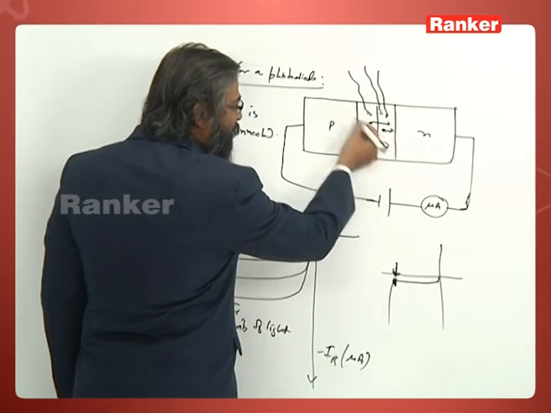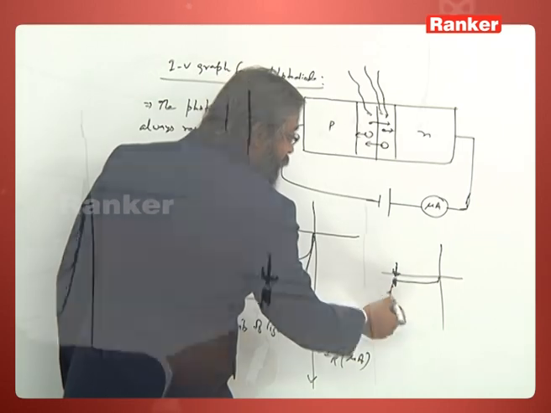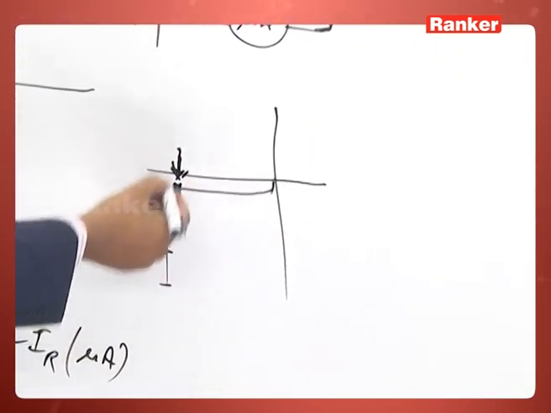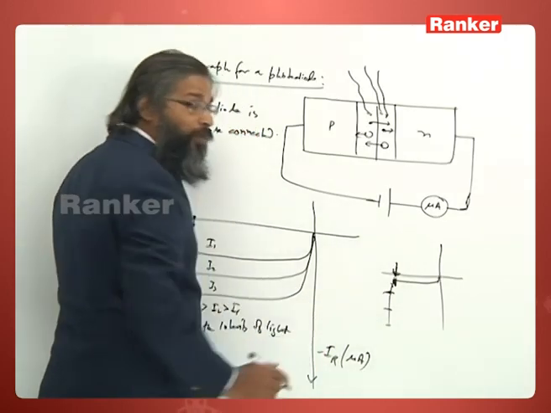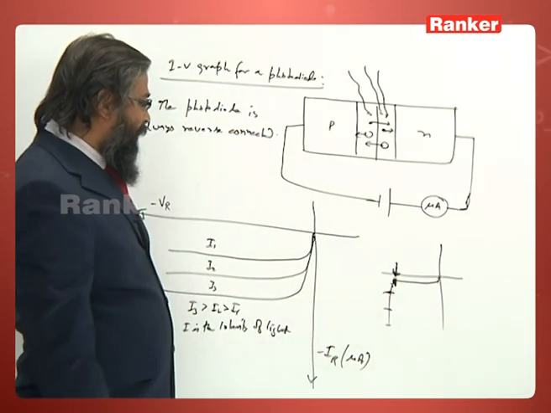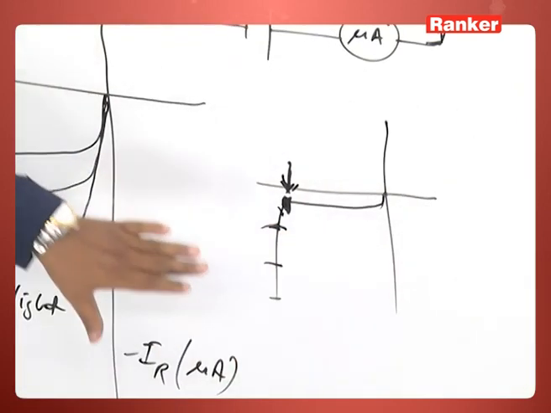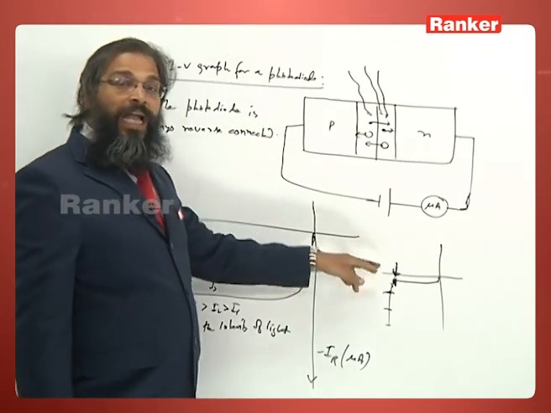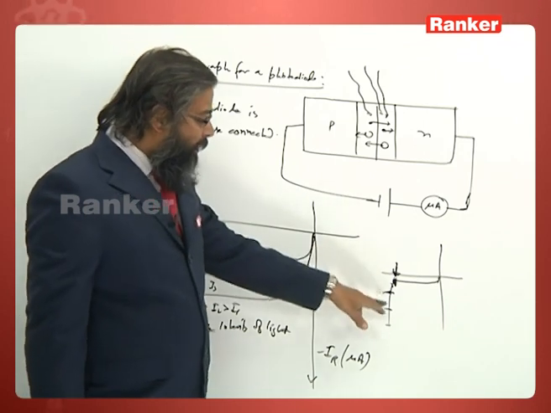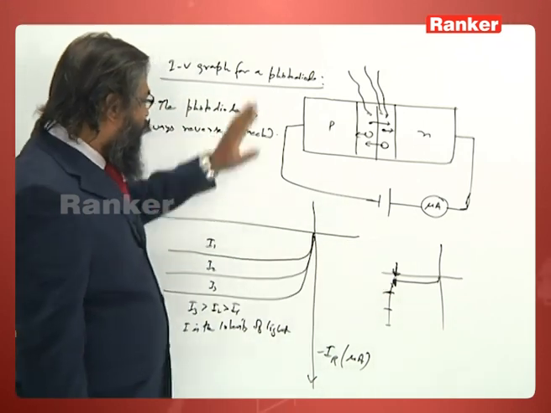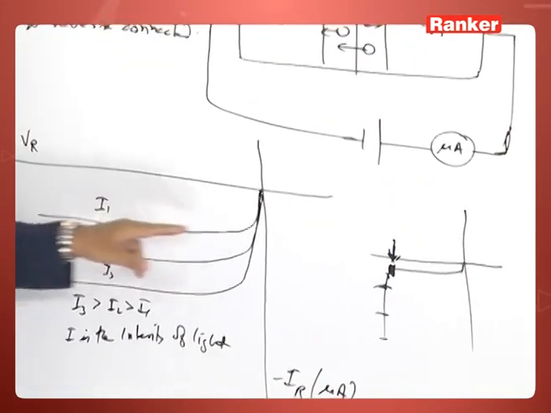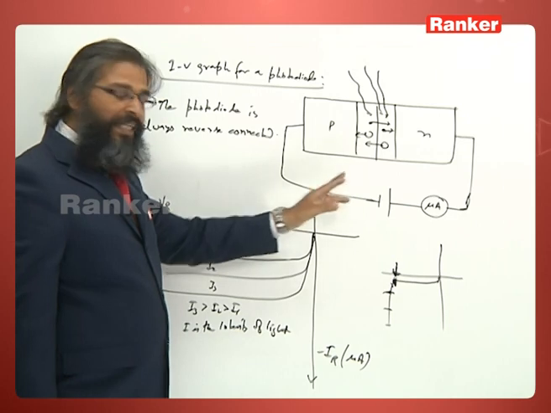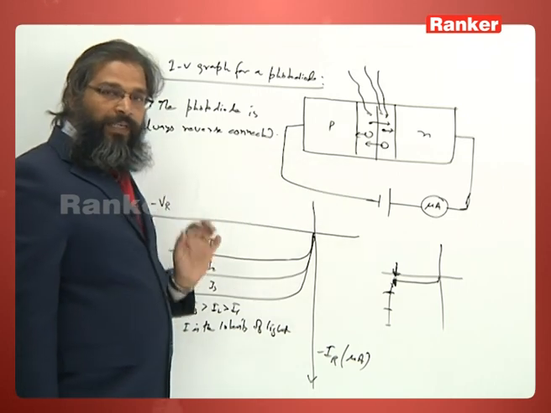When the light falls, the current becomes large, the breakdown region is here, and so current gain takes place. This is not our concern, but there are some special purpose photodiodes, the avalanche photodiodes, that work in this region. But normal photodiodes are designed to work in the region where the reverse voltage is less than the breakdown voltage.